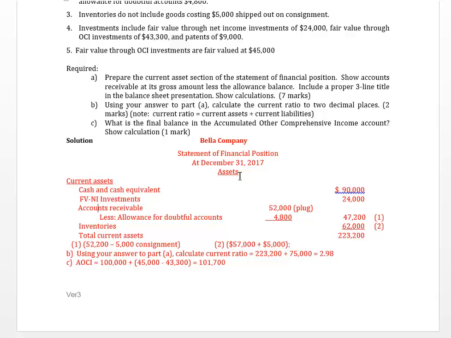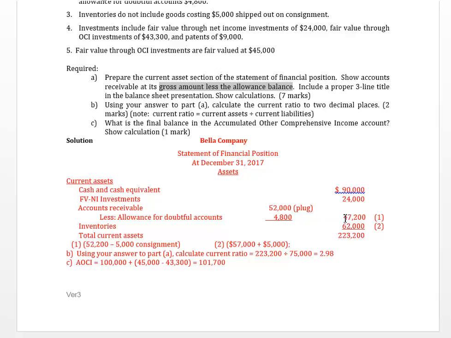And we had to show the two pieces of it because we asked you to do that up here, to show the accounts receivable at their gross amount, right? So we asked you for that presentation, less the allowance balance. So I was expecting you to show me that. So what some students did is they said, well, it's $52,200 at net per the question, but we also know that that includes consignment receivables. And we know there's no such thing as receivables on consignment goods, so they would have netted that out.